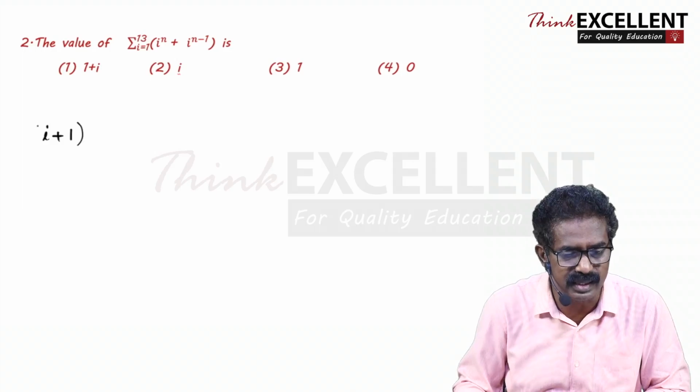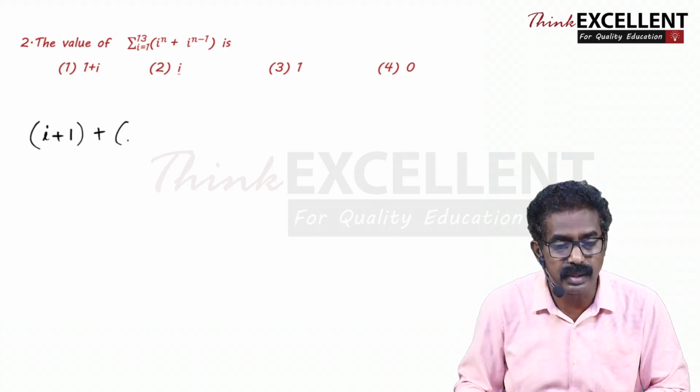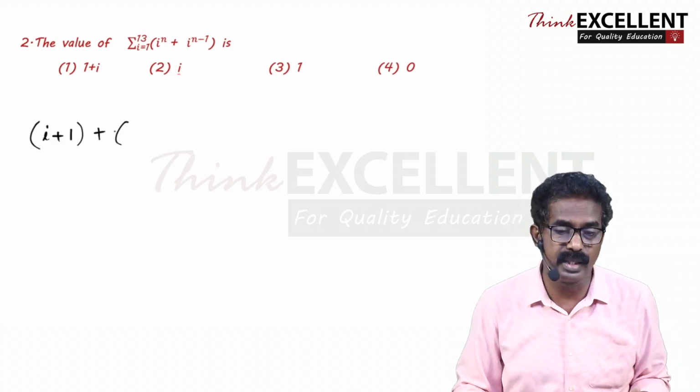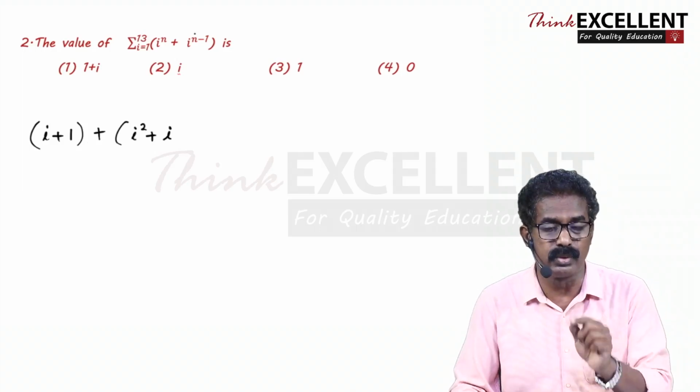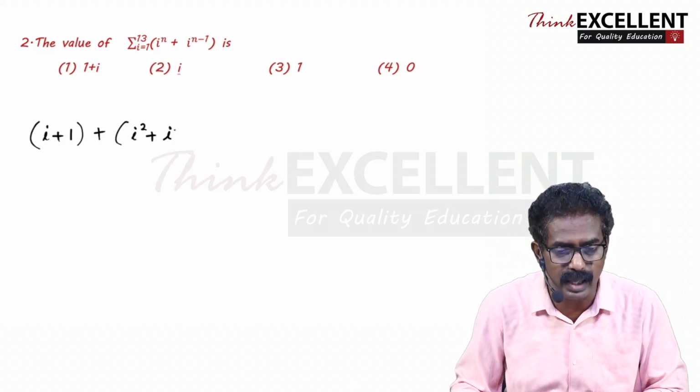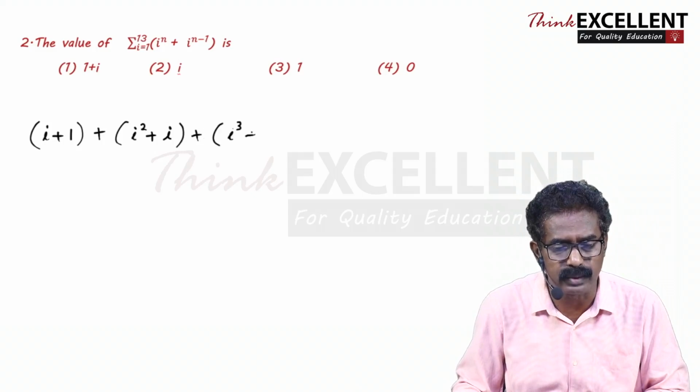So this is the first set. Now we give the second value, 2: i square plus i raised to 2 minus 1, which is i. Now we give 3: i cube plus i square, etc.